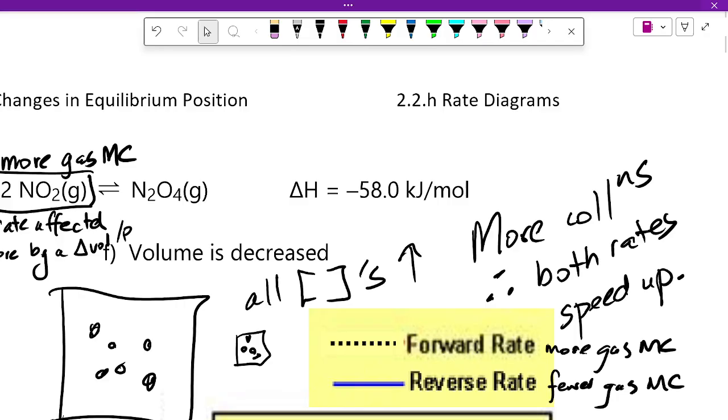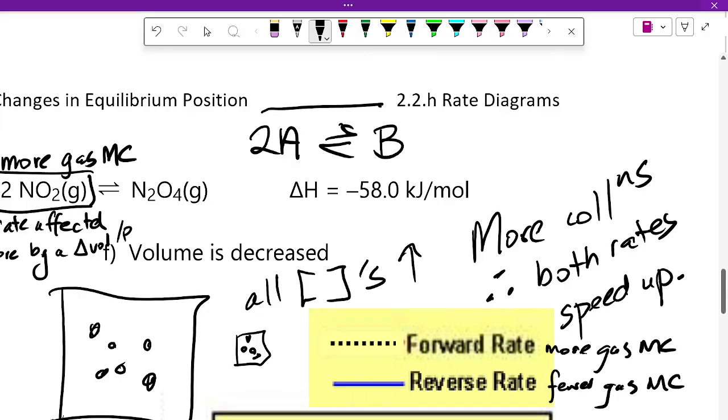If I squish the container, and I got 2A, I think what's happening is you're confusing rate with shift. So if we squish the container, the direction is going to shift this way. But it shifts that way because the forward rate speeds up more than the reverse rate does.